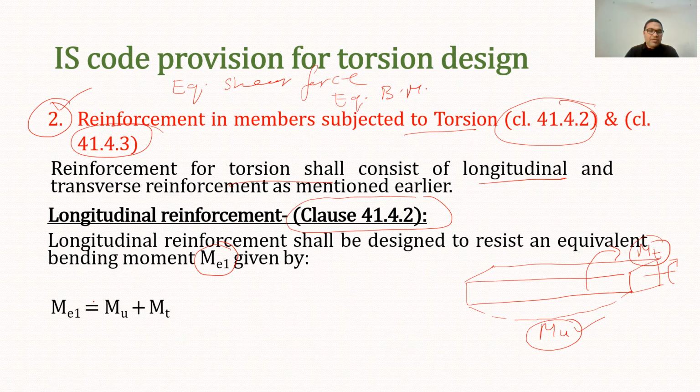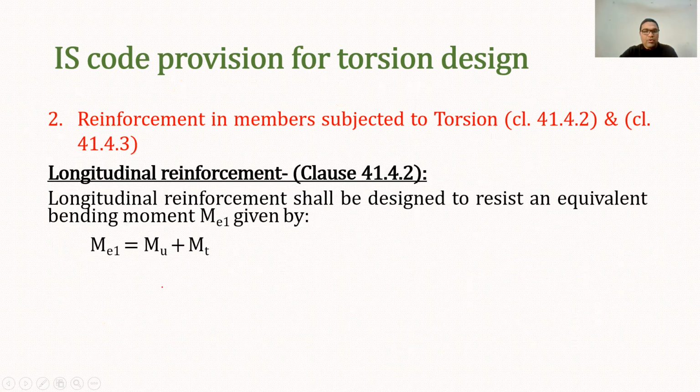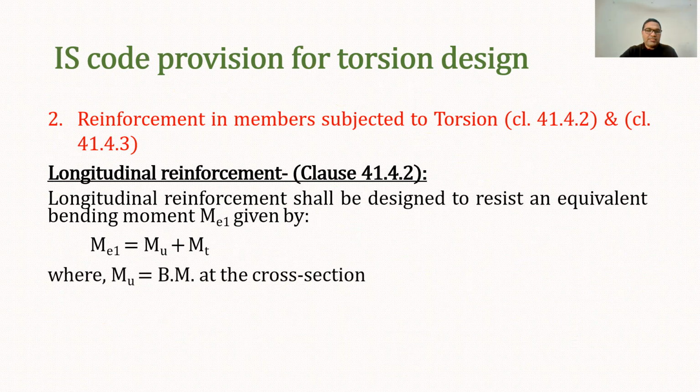So basically ME1 is the summation of MU and MT. Now as I said, MU is the bending moment at the cross section, and the value of MT is TU times (1 + D/B) divided by 1.7.